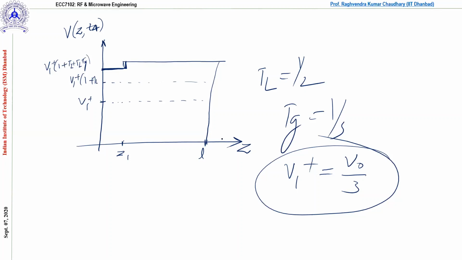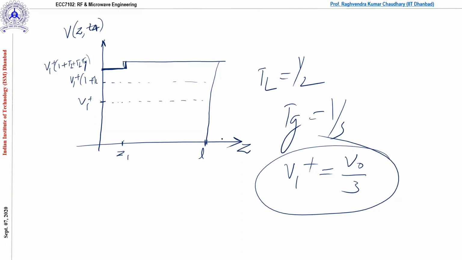Just code all these equations and try to see the real time behavior. Fine. So this is one of the ways to visualize things. Fine. So this is all about the bounce diagram. Particularly, I talked here about the voltage reflection diagram or the voltage bounce diagram.